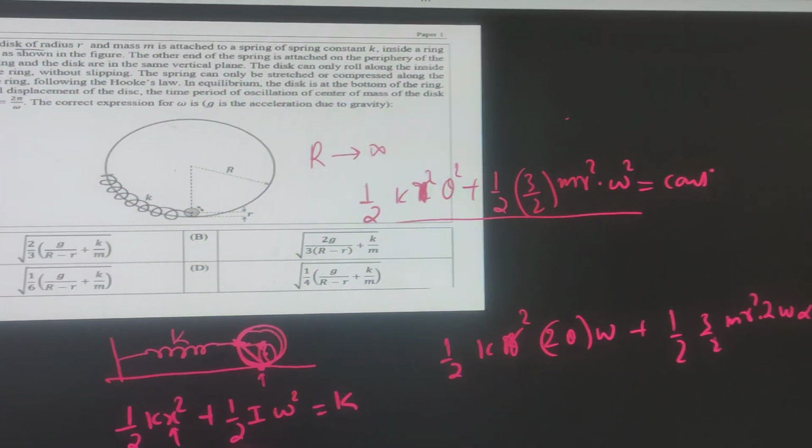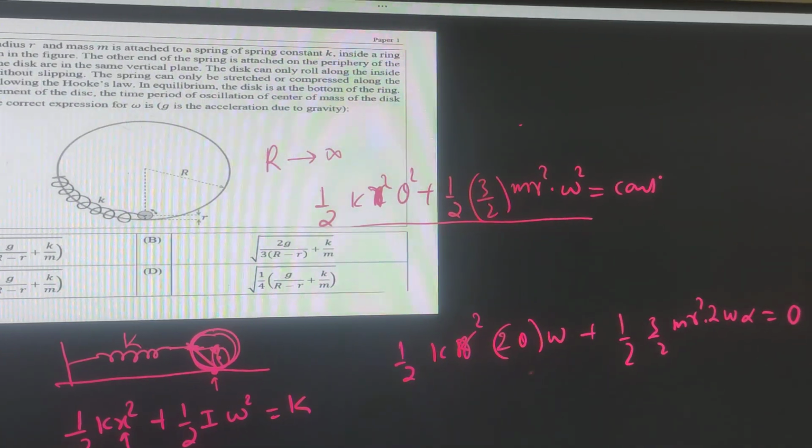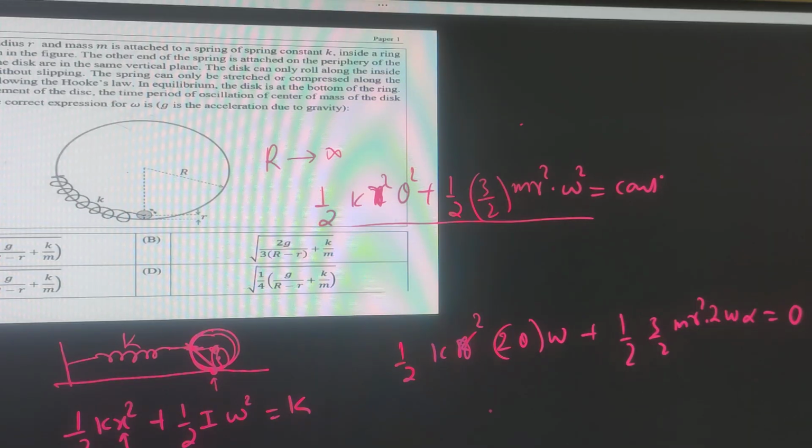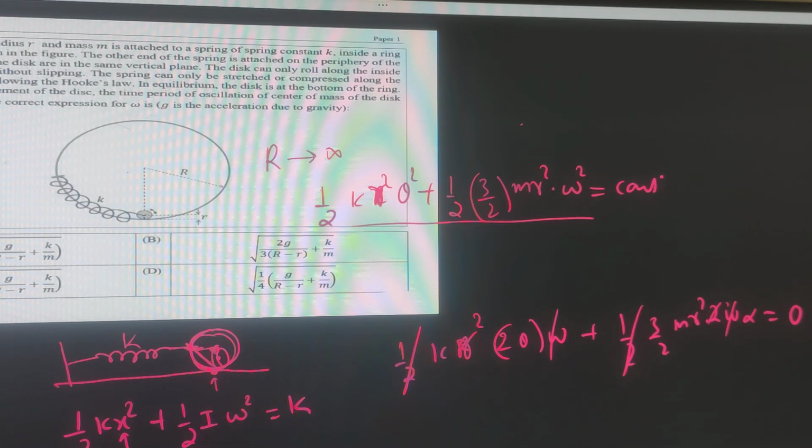From here we are going to get the beautiful relation between alpha and theta. You can see this half is getting cancelled out, omega is getting cancelled out, this 2 also I can cancel, and r square is getting cancelled out.